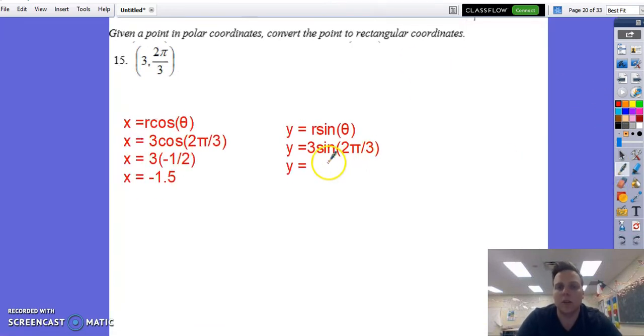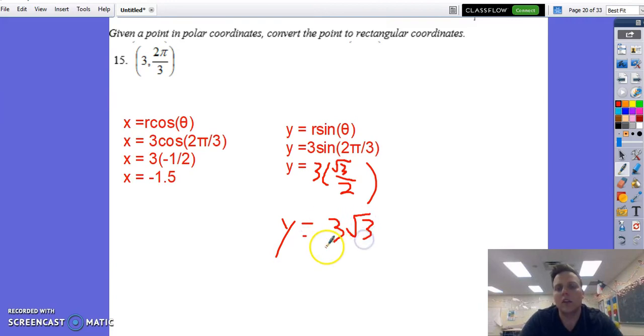So you have to bear with me drawing that. 3 times square root of 3 divided by 2. Well, when you look at this, there's really not a whole lot that I can do. I can multiply the whole number to the numerator. So I get y is equal to 3 square root of 3 all divided by 2. And that's really all I can do. So then x equals this, y equals this, and I'm done.